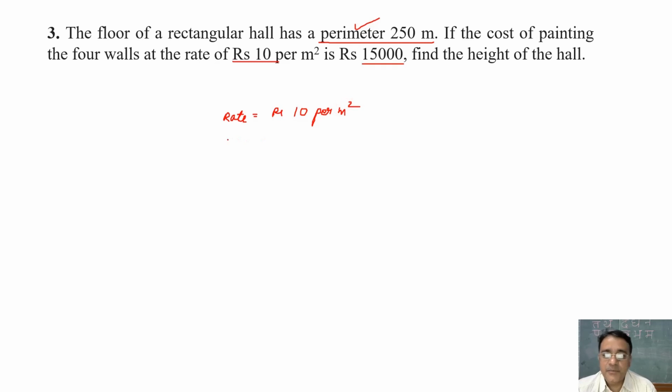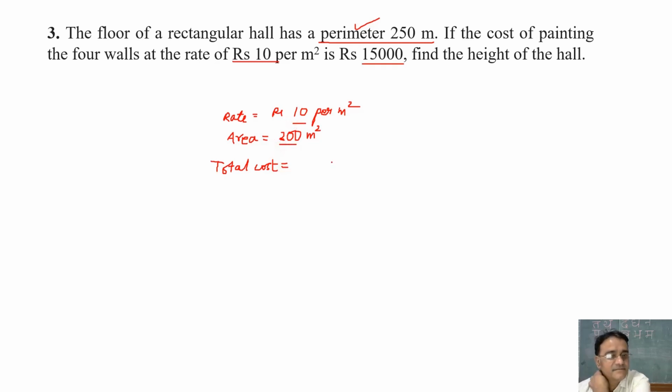Okay, and suppose we got area is equals to 200 meters square. So what is the total cost? 2,000 rupees. What is the total cost? Area into rate. Total cost will be 200 into 10.